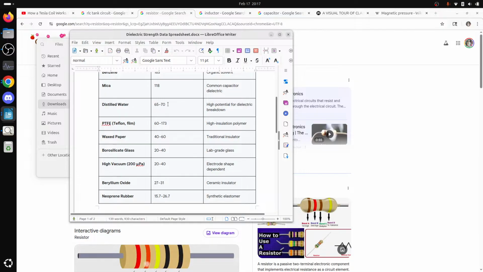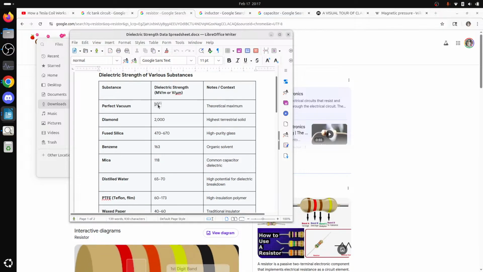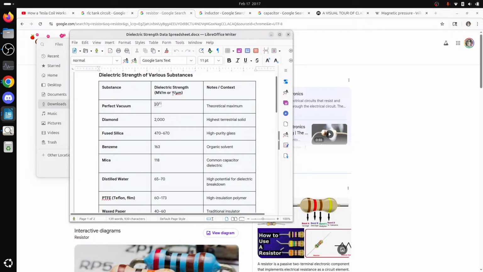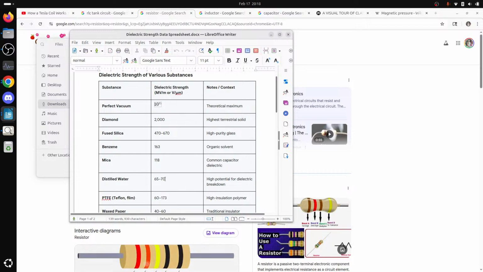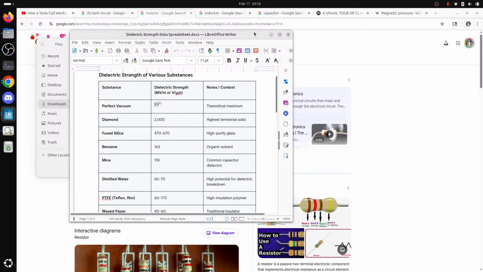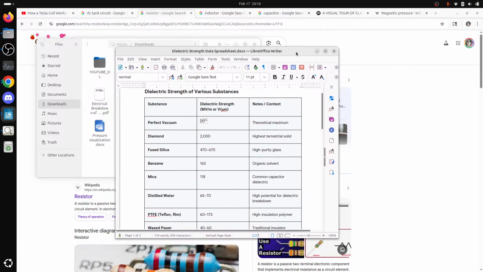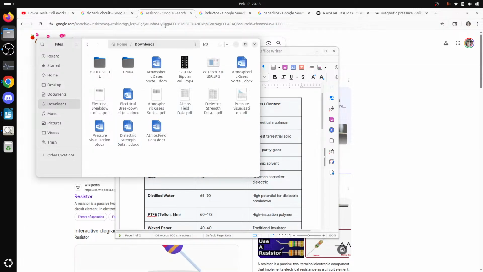But distilled water, yes, if you put 70 megavolts through the water with 1 meter, it'll turn into a conductor. So yeah, the resistance.